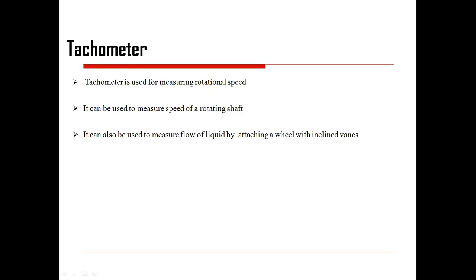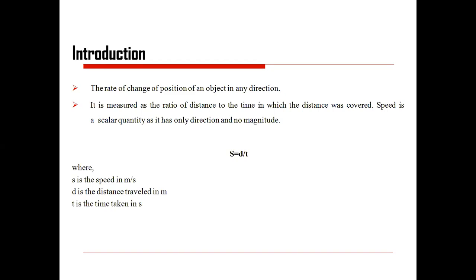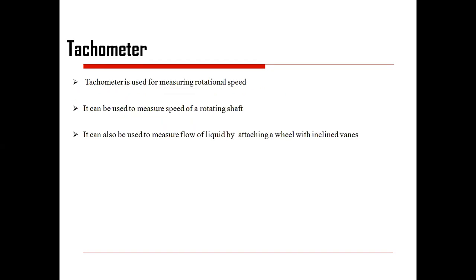Now, what are the devices that are used for the measurement of speed? Tachometer is the best example for the measurement of speed. It can be used to measure the speed of a rotating shaft. How it is used, I will explain as we move ahead. It can also be used to measure the flow of a liquid.